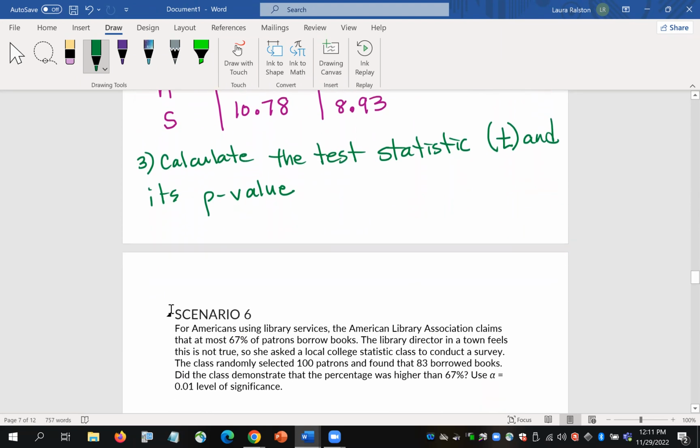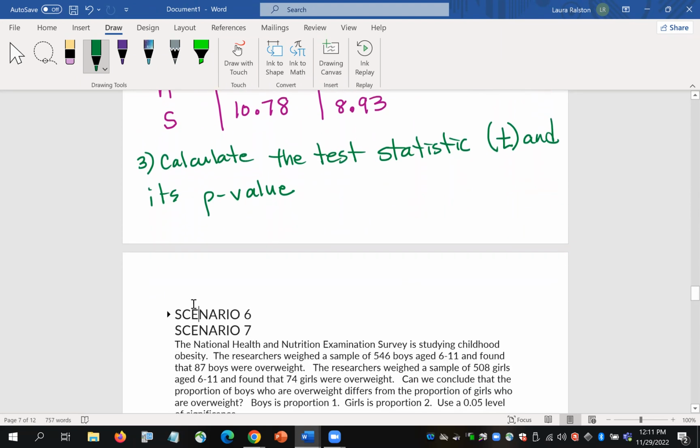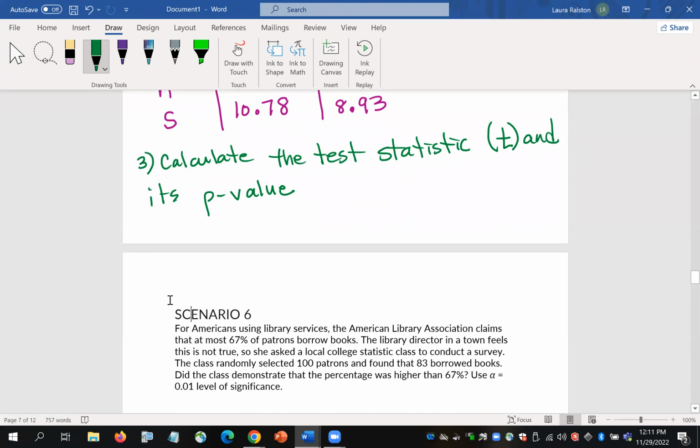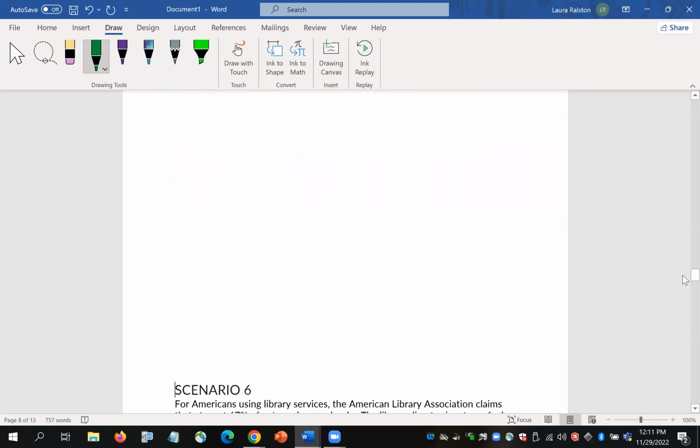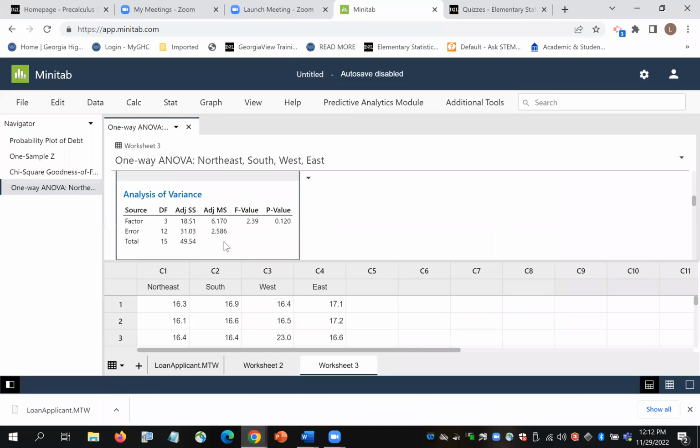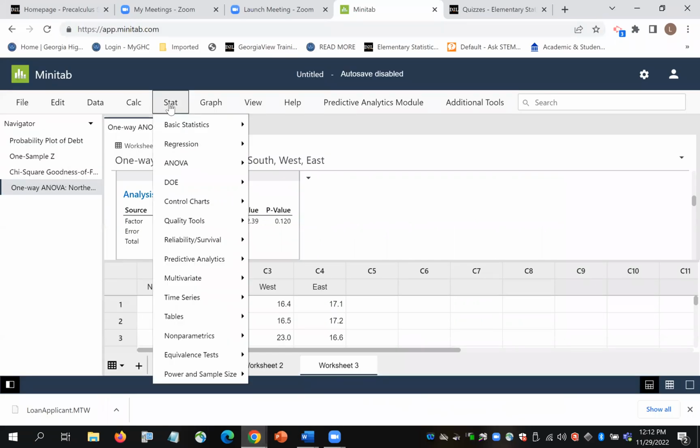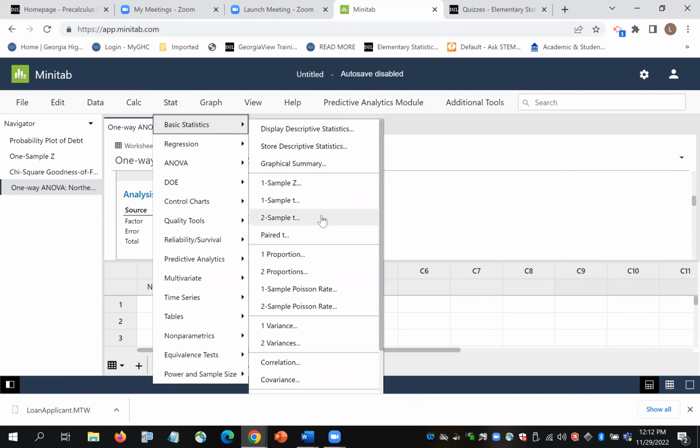We use Minitab to do that. So I'm going out to Minitab. We go to Stat, Basic Statistics. This is a 2-sample t.